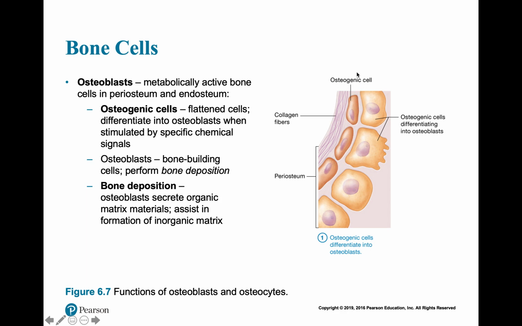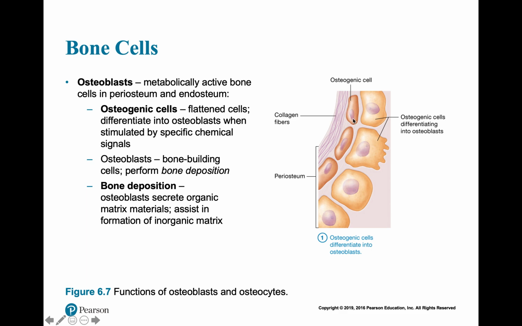The osteogenic cells are stem cells, and they have the ability to proliferate as well as differentiate into osteoblasts if there are the correct chemical signals from the body, right? So if the body needs to start stimulating bone production, then there will be appropriate chemical signals that will reach these osteogenic cells.